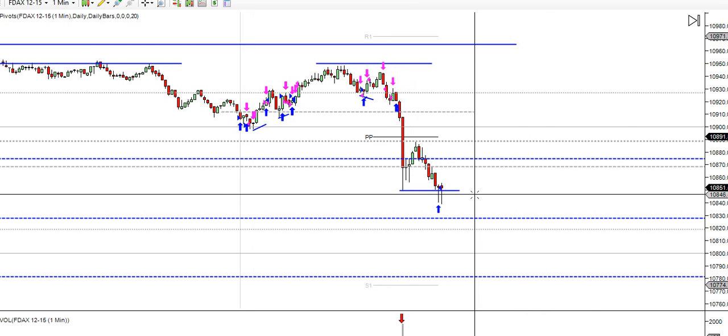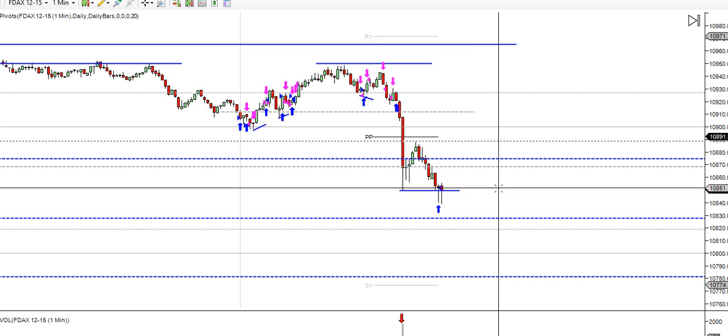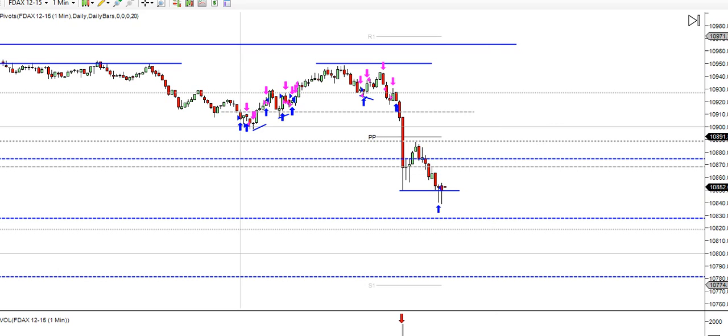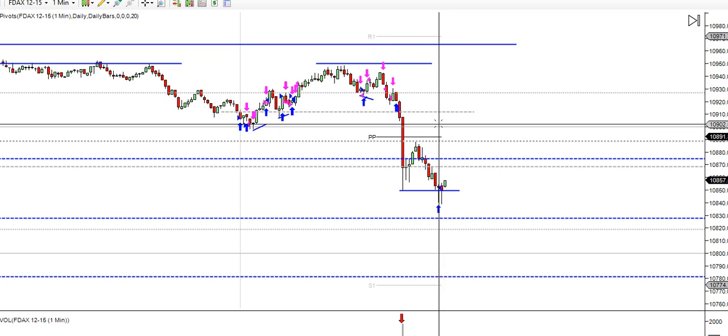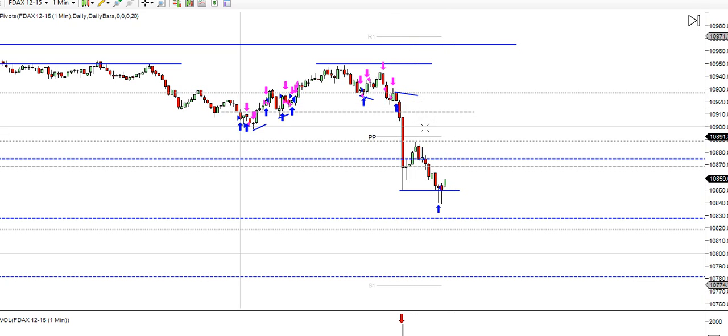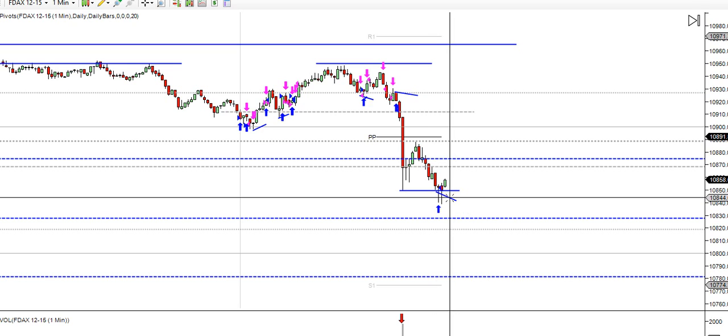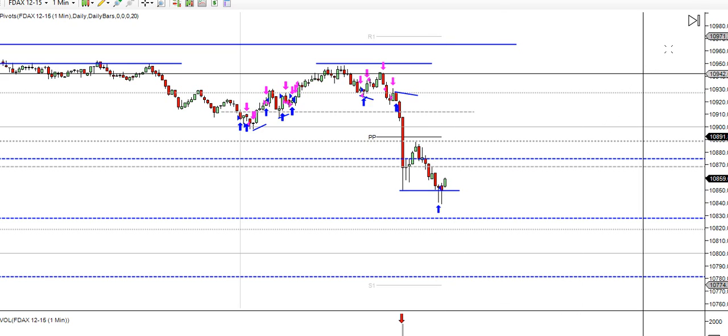Okay, so I closed the position here because of my methodology, and let's see now if this is gonna pull back. So very good advantage from here until there for the last lot.